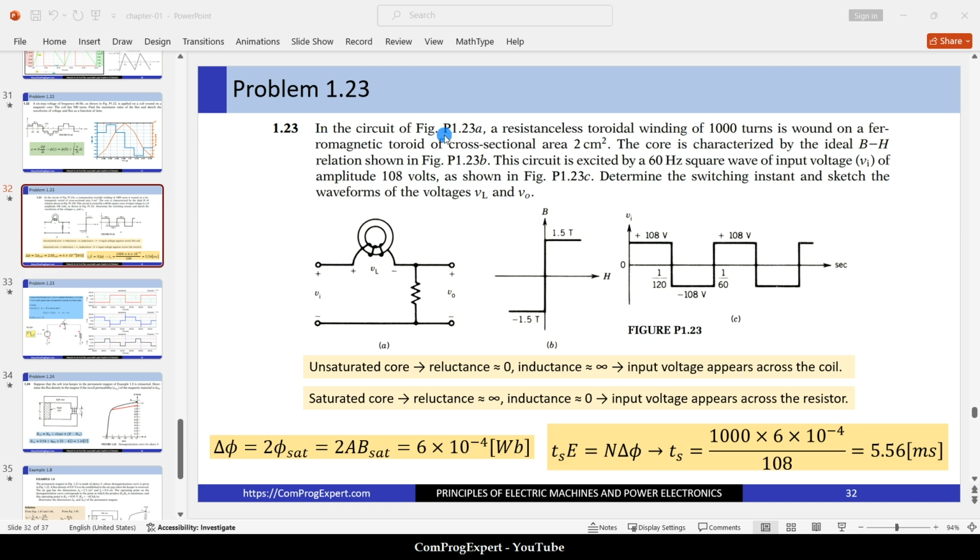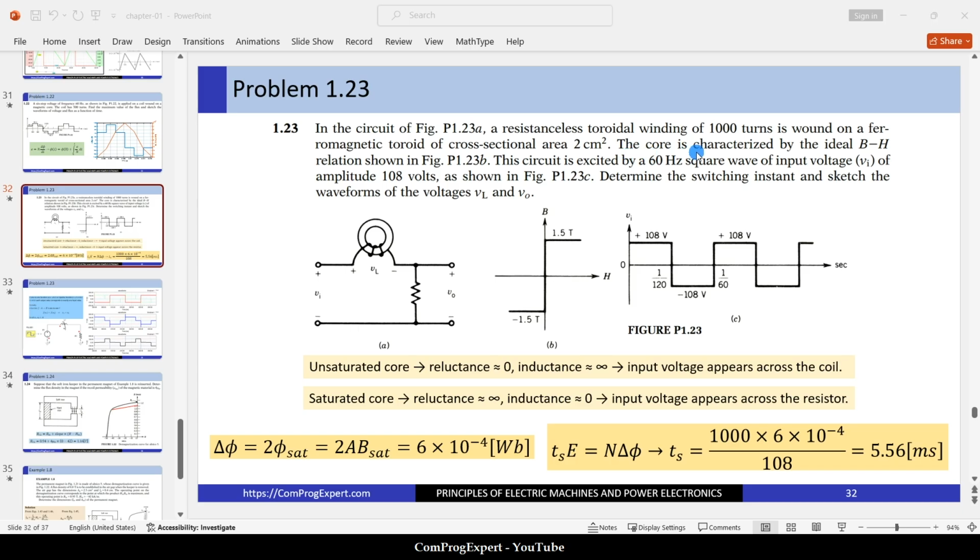In the circuit of figure P1.23a, this circuit that we have, a resistance-less toroidal winding of 1000 turns is wound on a ferromagnetic toroid of cross-sectional area 2 centimeter square.